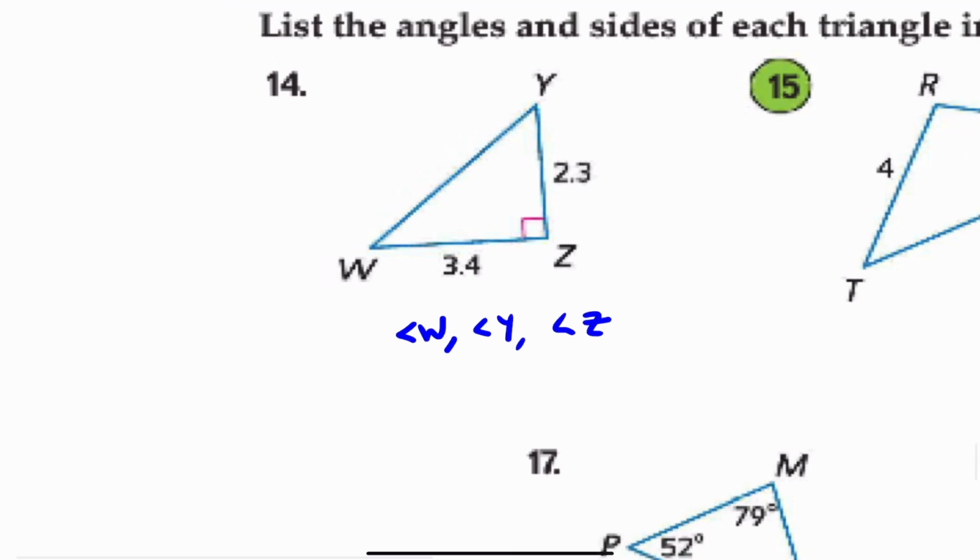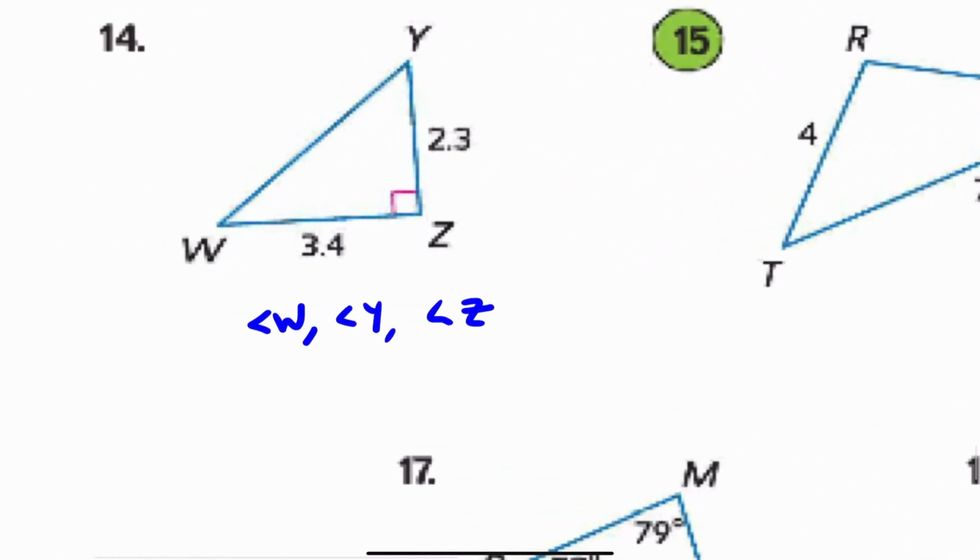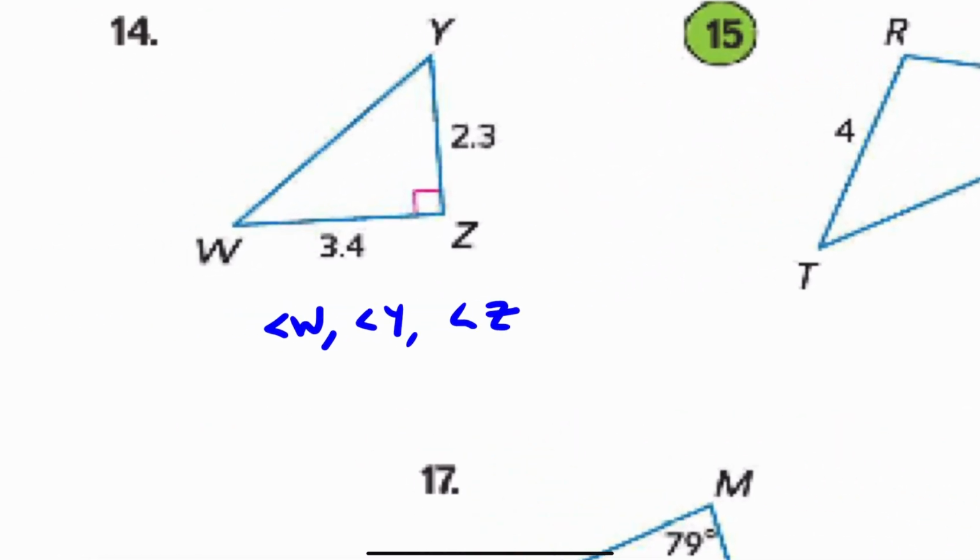Okay, so now let's rank the sides from smallest to largest. Since angle W is the smallest angle, then YZ has to be the smallest side. And then, since angle Y is my second smallest angle, that implies that segment WZ must be my second smallest side.